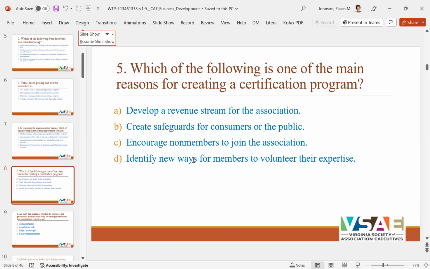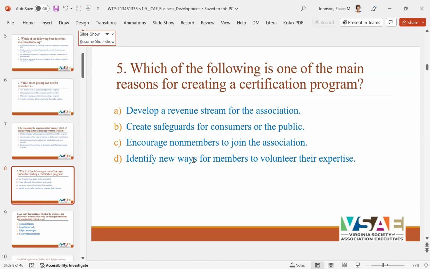I'm just going to automatically eliminate B. Create safeguards for consumers or the public. Actually, no, I'll leave B in there.